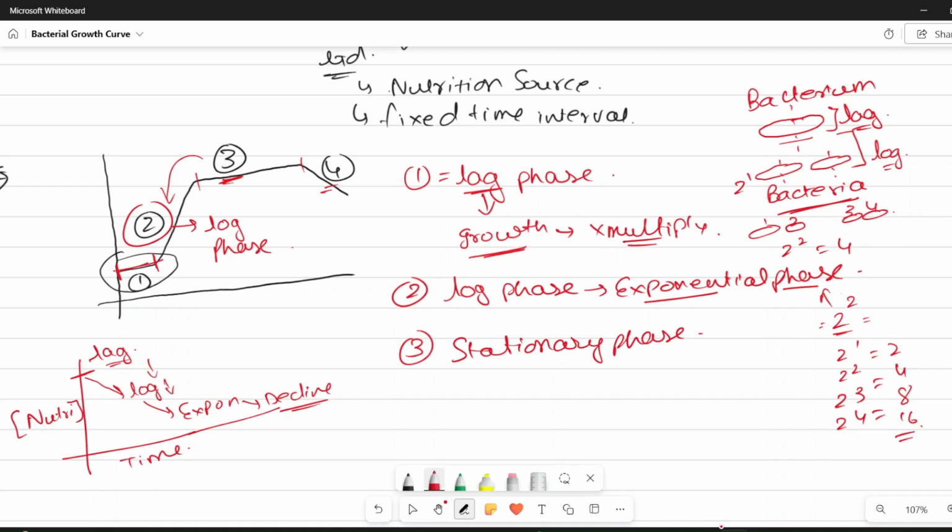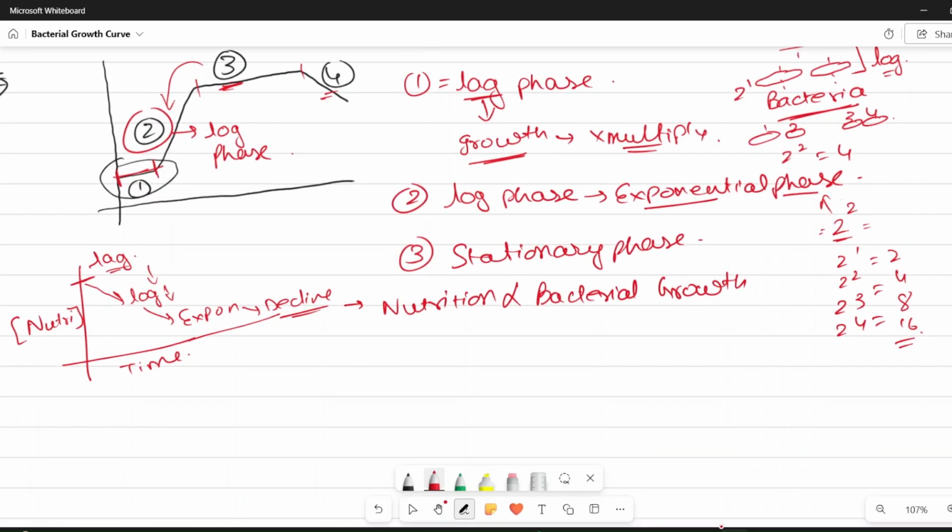and that is because of two factors. The very first one is because the nutrition is directly proportional to the bacterial growth. Hence, we can say that as the nutrition decreases, the bacterial growth also depletes. Okay?